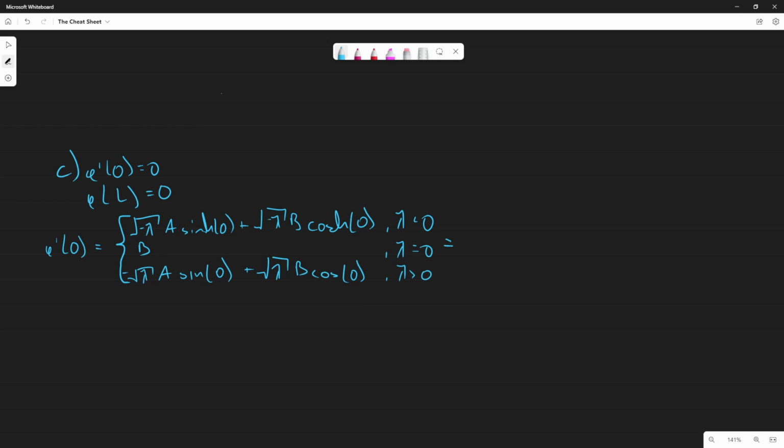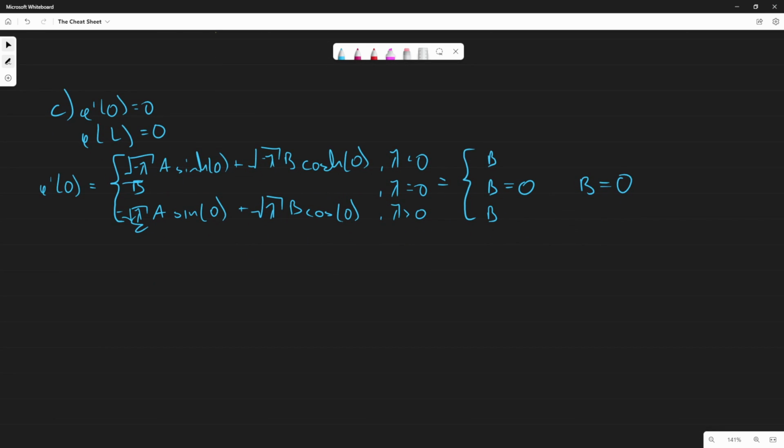And so what this gives us now is pretty much just b's, ignoring the constants here, and this is equal to 0. So this tells us that b is equal to 0. Again, it's not the end of the world because we still have a, and that's where our second condition comes into play.